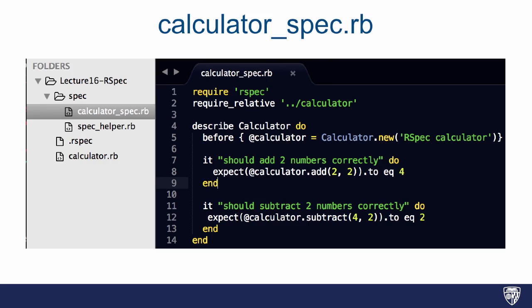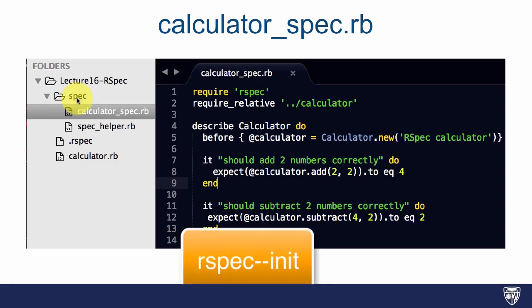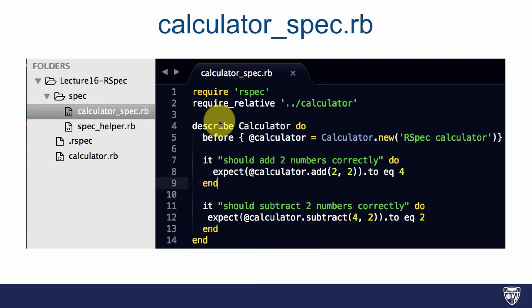So we have this spec directory in which we're going to have all our specs, and this was created a few slides ago when we did rspec --init. And basically there is no class here, so everything happens inside the describe method. So you have describe Calculator.